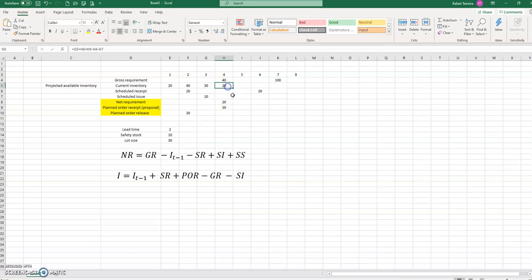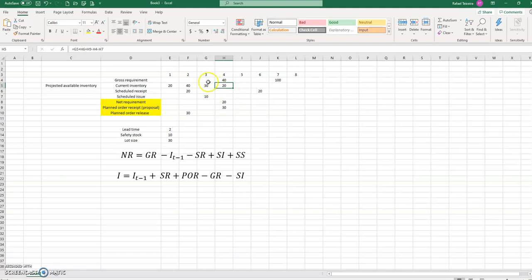Okay, now I can come here and compute the current inventory. If I move here, my current inventory is going to be 20. How is that happening? This 20 is everything that I had in the past, 30, plus anything that I got in terms of scheduled receipt. I didn't get anything, but I got 30 in planned order receipt.